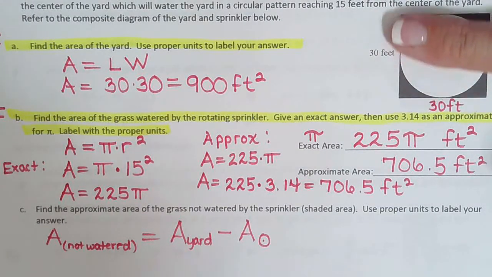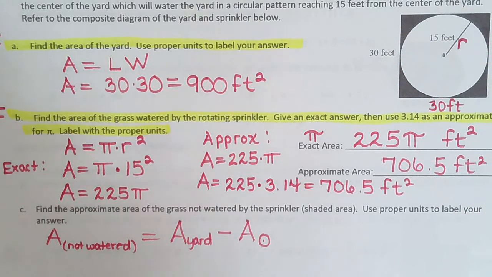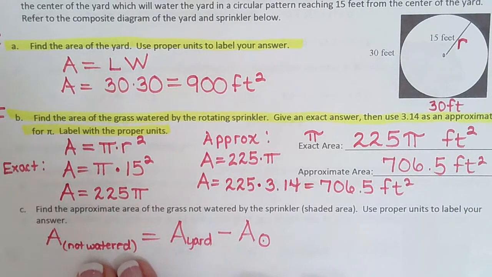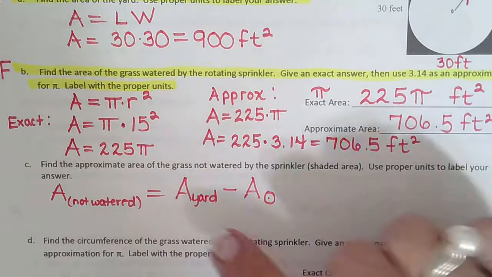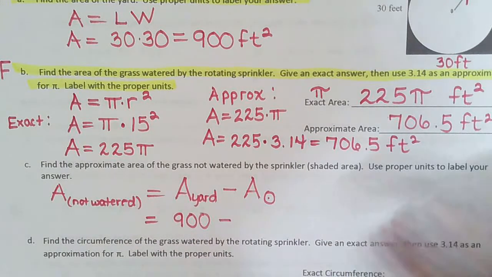Remember, area is what fills up the inside. Take out the circle, and what you have left are those 4 corners that are not watered. So now we just have to subtract those 2, which didn't we find them previously? Area of the yard is 900, and we don't need units right now, minus area of the circle.